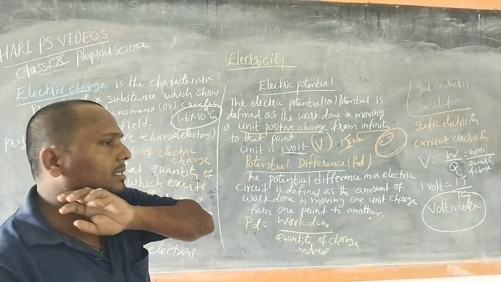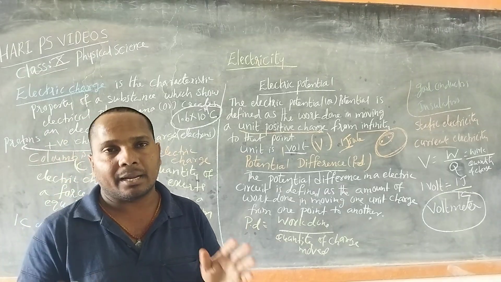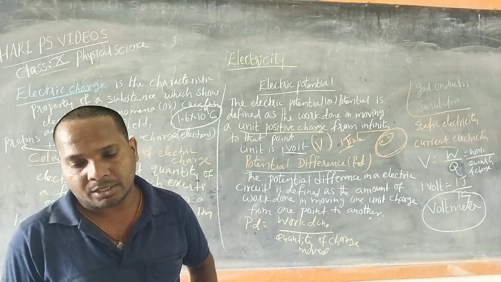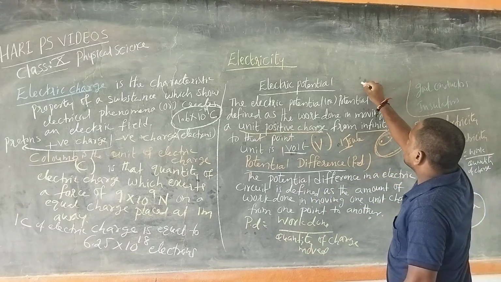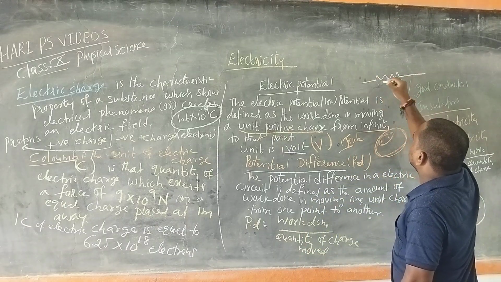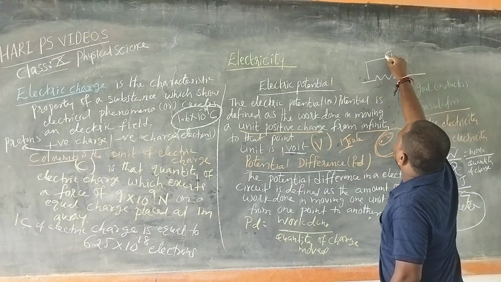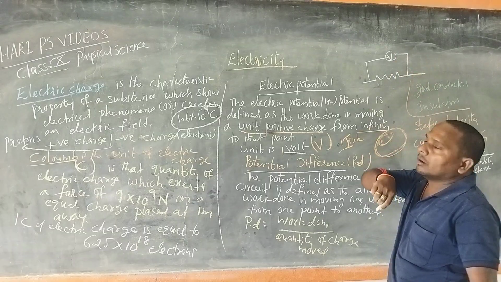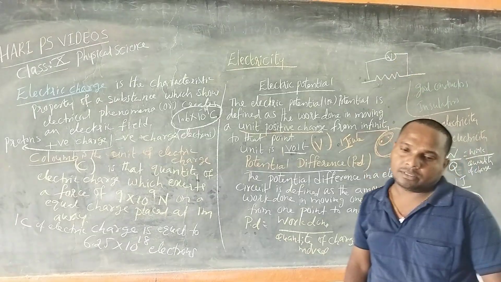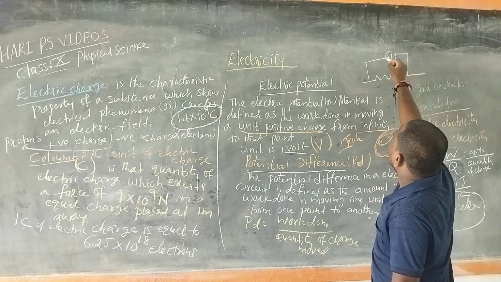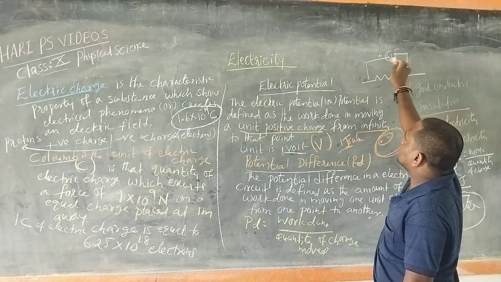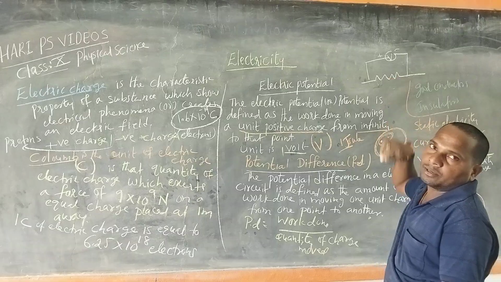This voltmeter is always connected in parallel in the electric circuit. If it is an electric conductor, then here we have to connect the voltmeter, because it is the difference between the ends, from one point to another point.